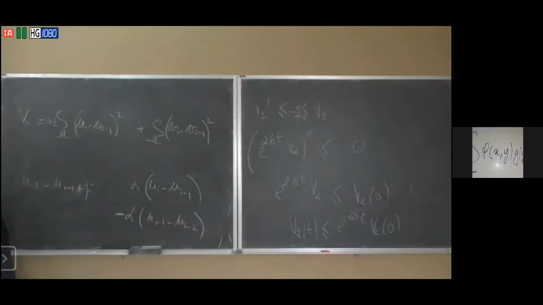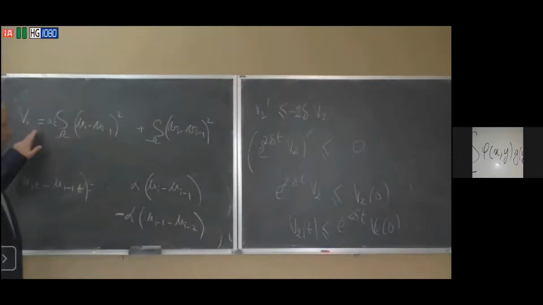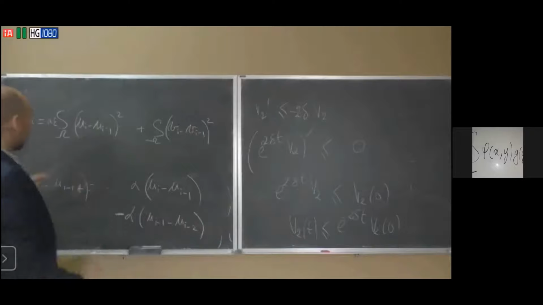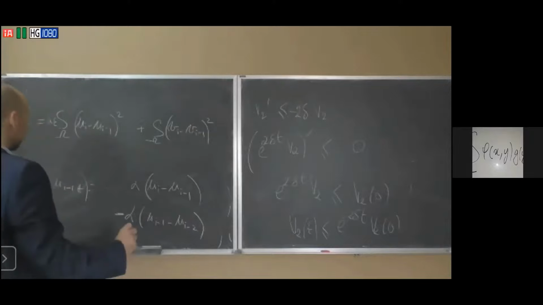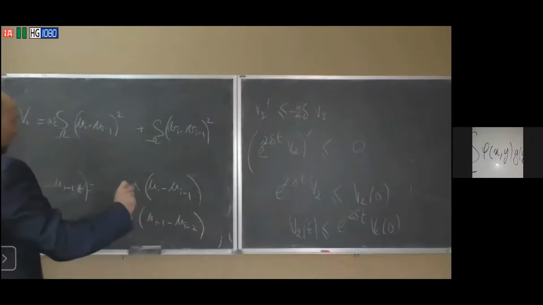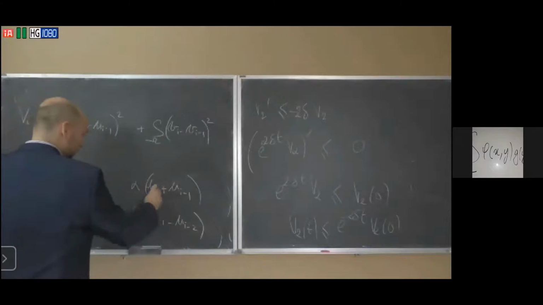Why? Because if I look at the derivative, I will derive this Lyapunov function here. If I derive that, I will multiply by this quantity. So here I will get, actually, we have that, right?